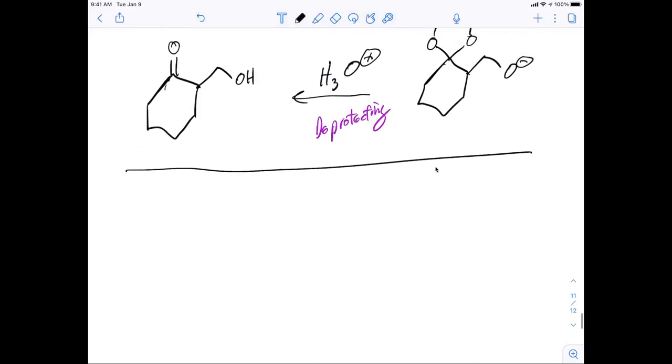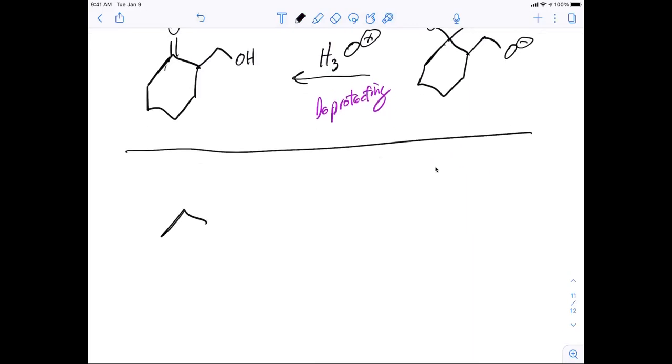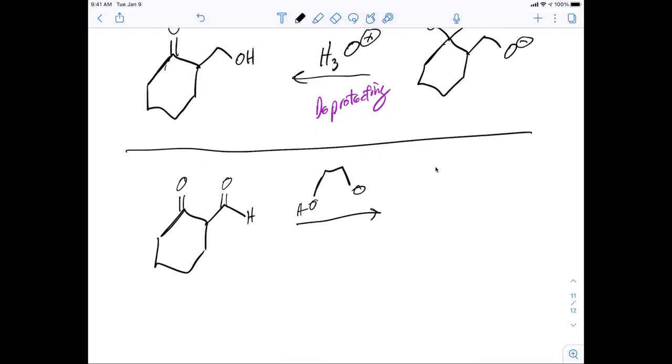Questions about this? Another example would be if we had an aldehyde and a ketone. If we did a protecting group here, and we need to be careful, right? One equivalent. Which one is going to get the protecting group first? The aldehyde or the ketone?